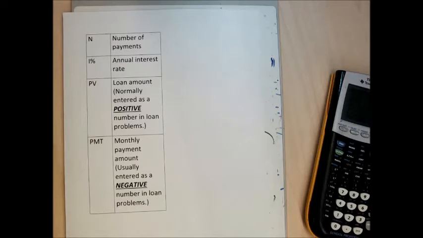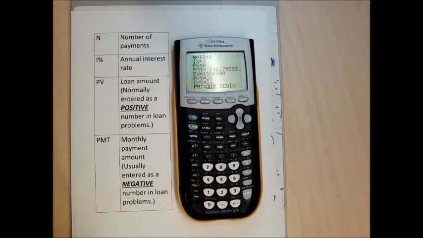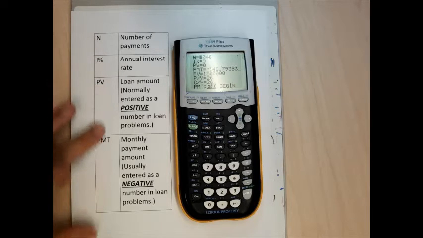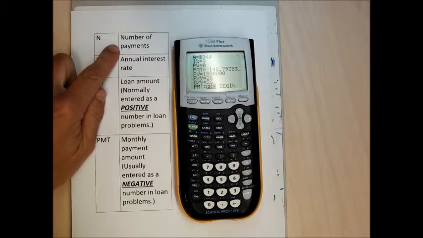When we answer questions like, how much would my car payment be if I borrow $25,000 for a car and pay it back over 6 years, the letters on the screen all mean something when you're taking out a loan for a house or a car. The N stands for the number of payments.